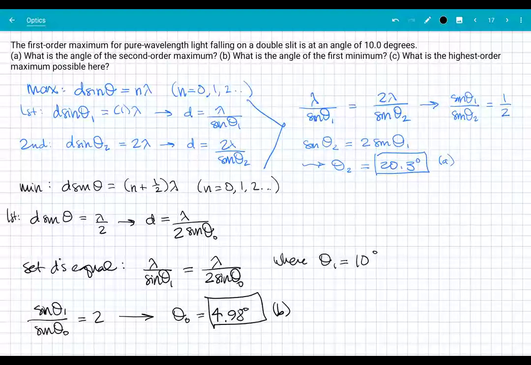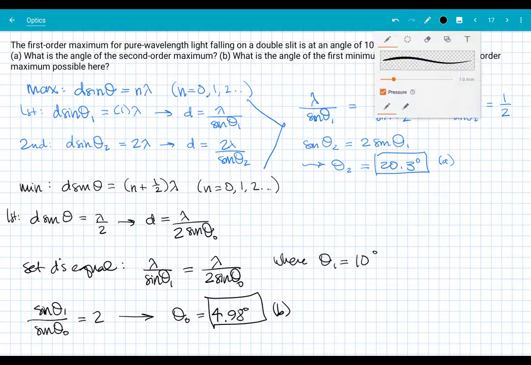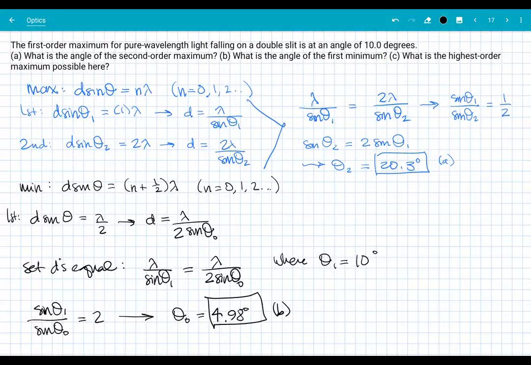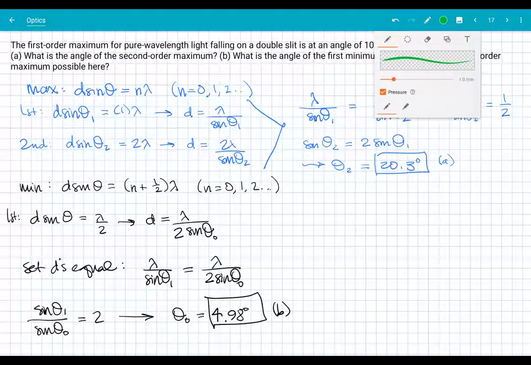All right, part C here asks us, what is the highest order maximum that's possible for this scenario? So this is kind of a cool question. I'll change up color for part C. So I know that the very maximum angle that can even exist is 90 degrees, right?